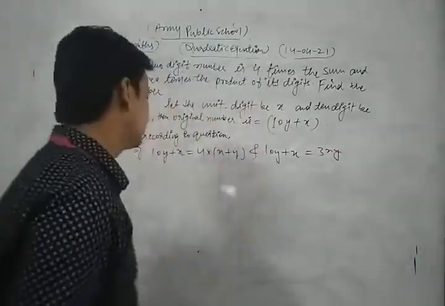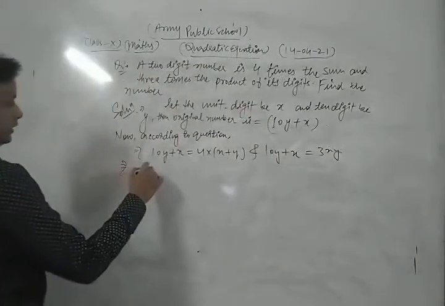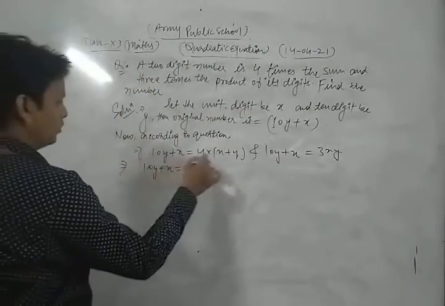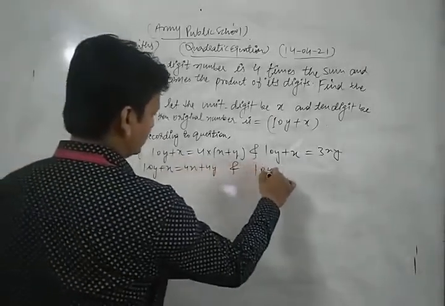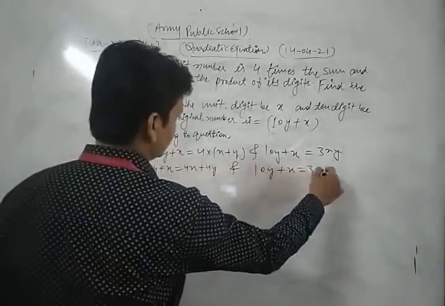Now we simplify the conditions. So 10y plus x is equal to 4x plus 4y, and 10y plus x is equal to 3xy.